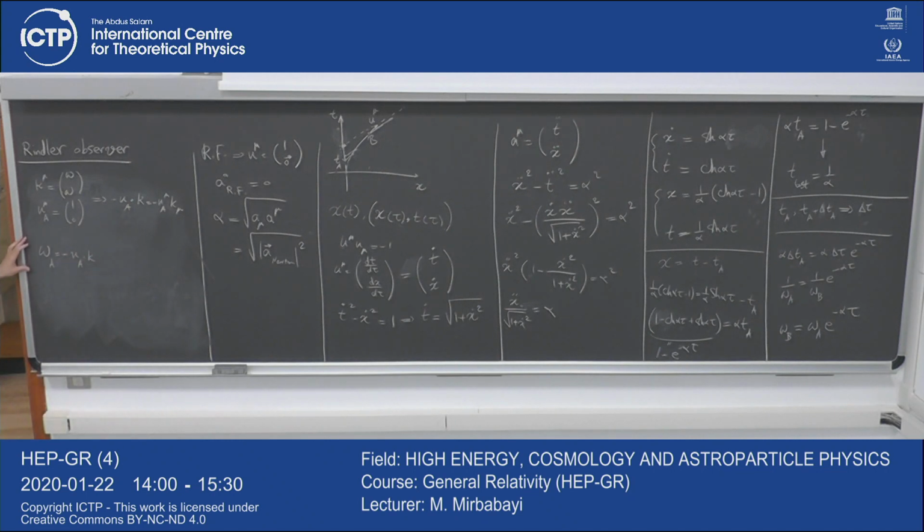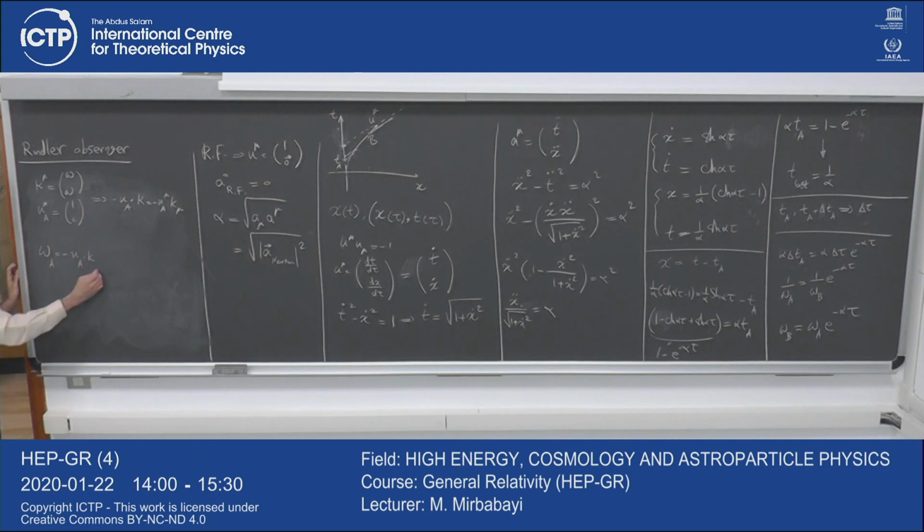Obviously, it has to be a Lorentz invariant object, a Lorentz scalar, because when I refer to the frequency as measured by someone, that should be agreed upon by all observers. Everyone agrees on what the frequency is that someone measures for the photon. That's just a number.